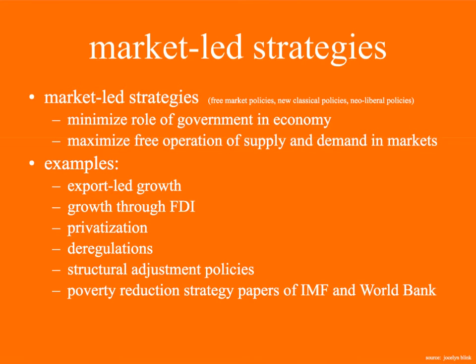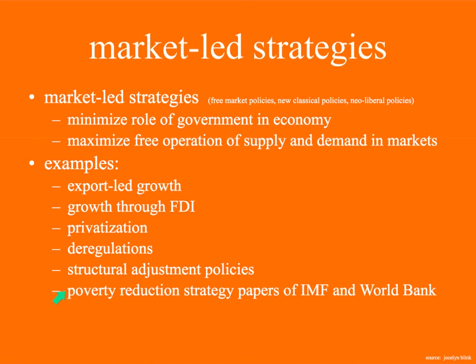But what are the examples of this that we've talked about in development economics? Well, there's export-led growth. A market-led strategy would be that a country look for economic growth through foreign direct investment. It would promote the privatization of nationalized industries. It would promote deregulation. It would favor structural adjustment policies, which come from the IMF.